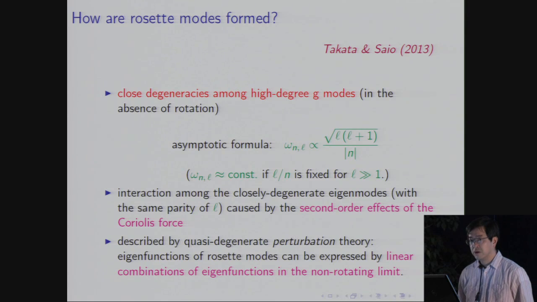Here we regard rotation as a small quantity, so we do not need rapid rotation to have rosette modes. As a result of this analysis, we can understand that the eigenfunction of a rosette mode can be expressed by a linear combination of non-rotating eigenfunctions.